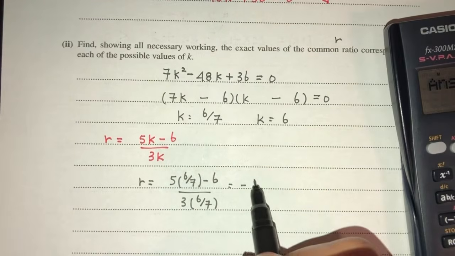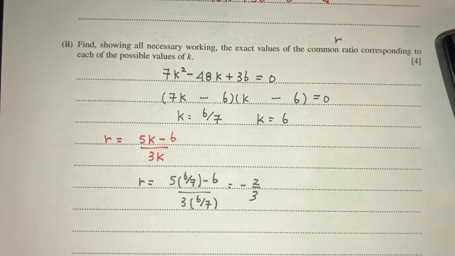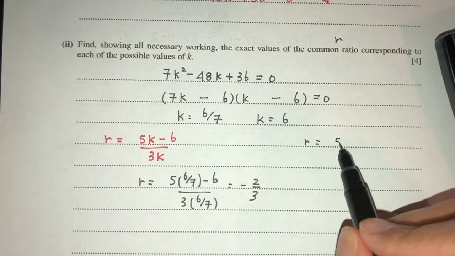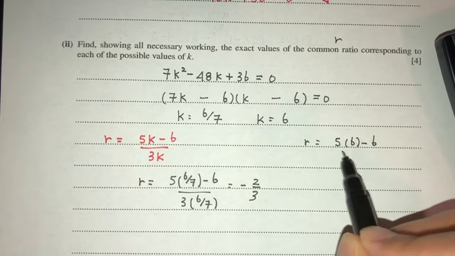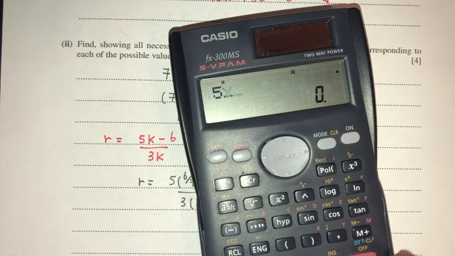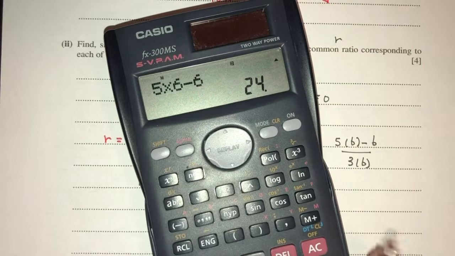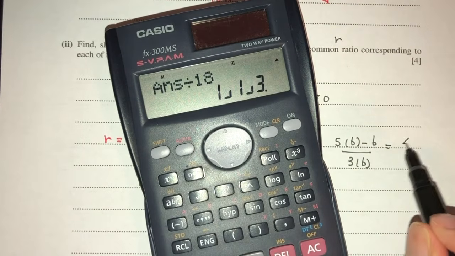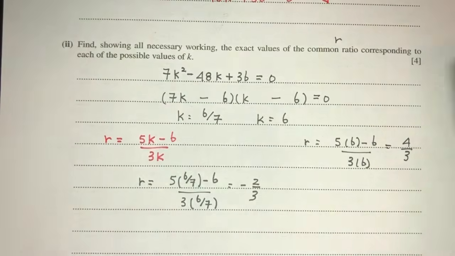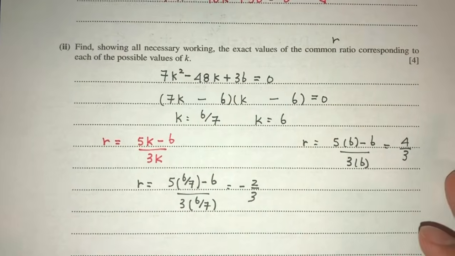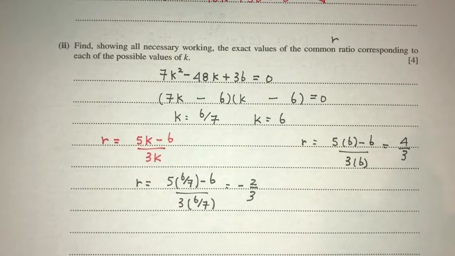That will be minus 2 over 3. And for the other value of k, r will be (5 times 6 minus 6) over (3 times 6), that is 24 divided by 18. That should be 4 over 3. So we have two values of r for these two values of k. And that is part 2 of question number 9.